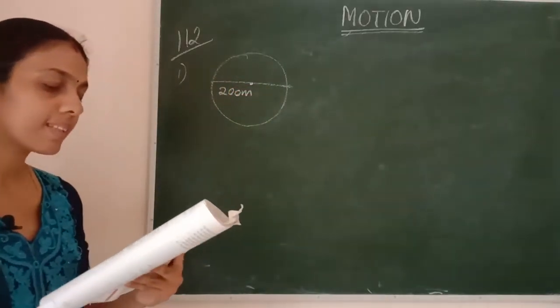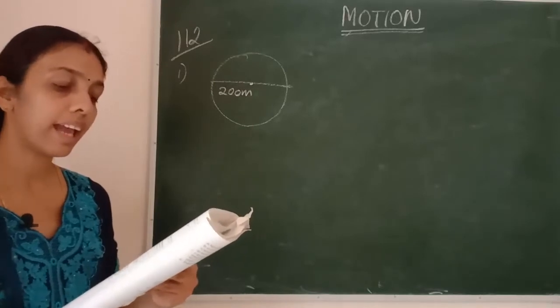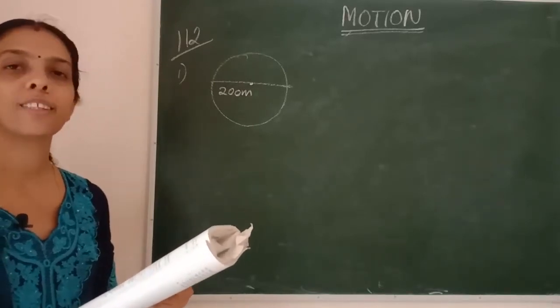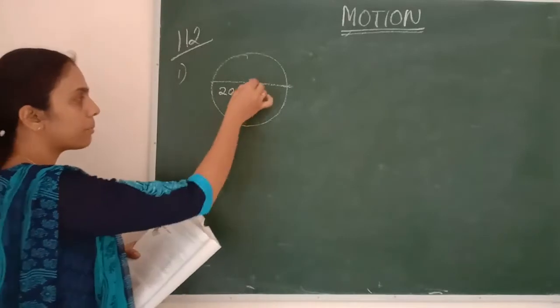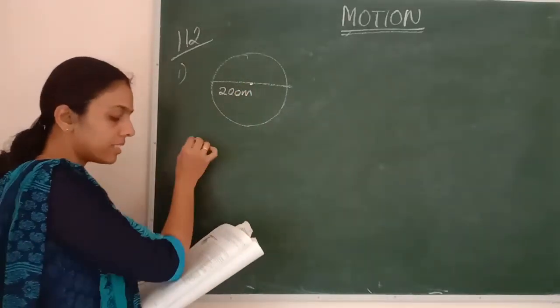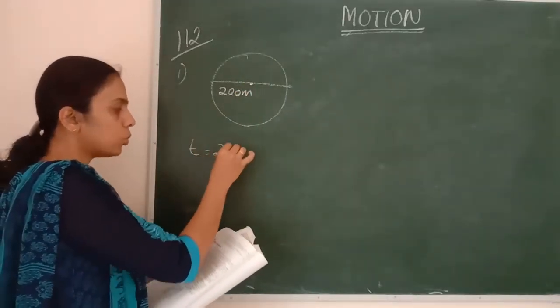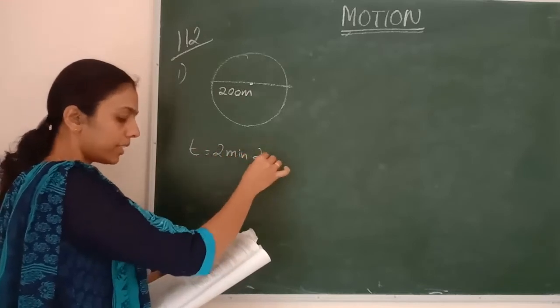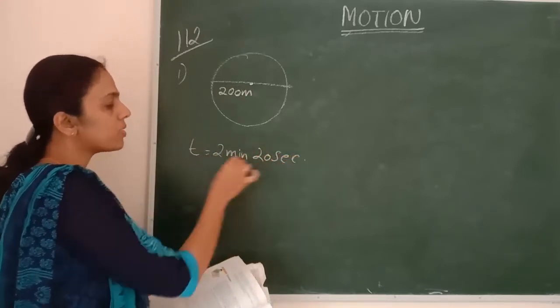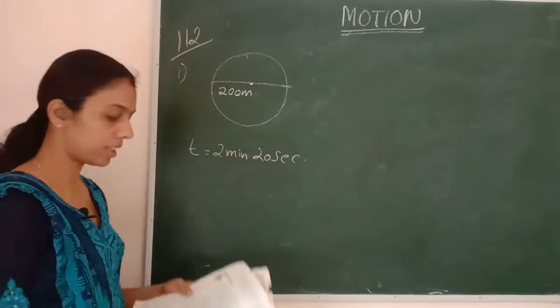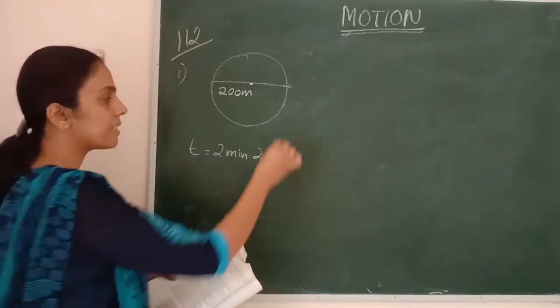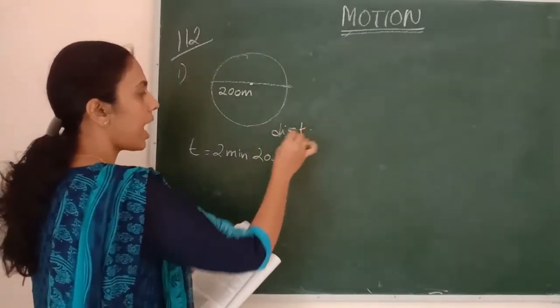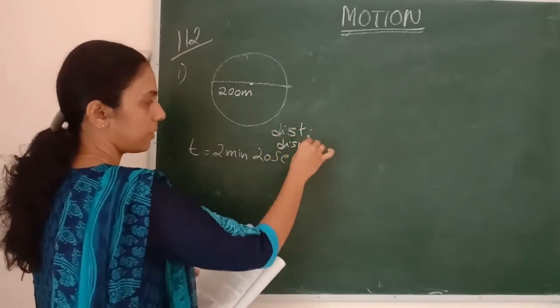What will be the distance covered and displacement at the end of 2 minutes 20 seconds? So the diameter is given as 200 meters and the time is given as 2 minutes 20 seconds. First we will convert this into SI unit. We should find out the distance and the displacement.